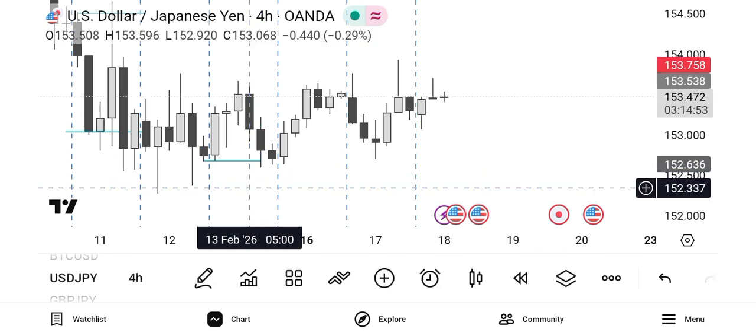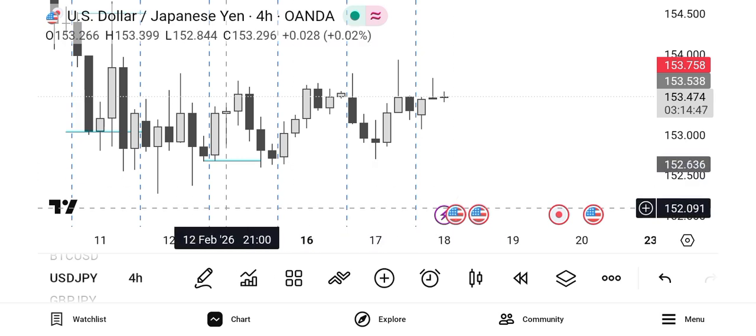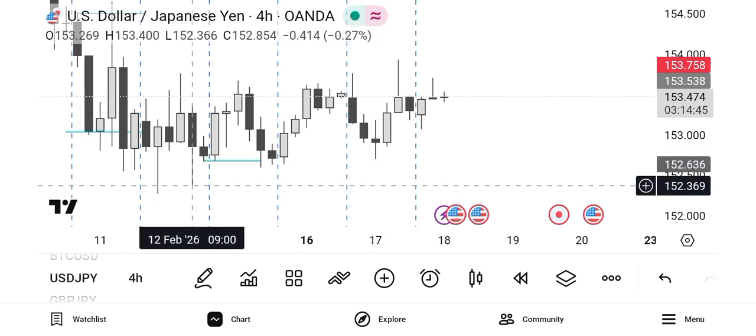I know it will be somewhat hard to identify this liquidity sweep, because you might ask yourself, why not this one, why not this one?